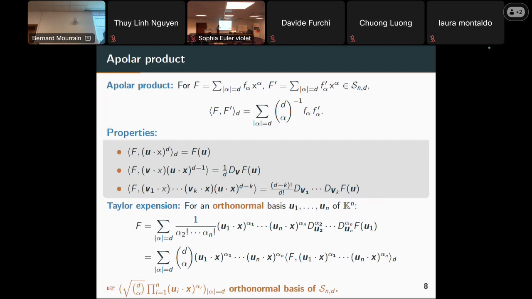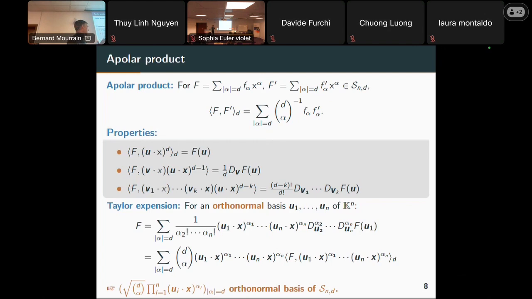So here it's a product of (u_1 times x) to the power alpha_1, and then x_2 to the alpha_2, up to x_n to the alpha_n, times derivation at the vectors u_1 to u_n. These are coordinates which are orthogonal to the vector u_1, so here we are in a projective setting.